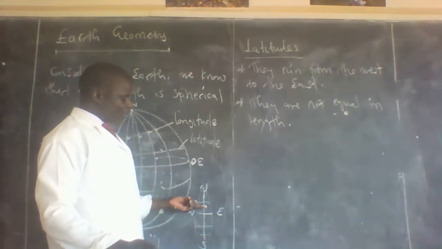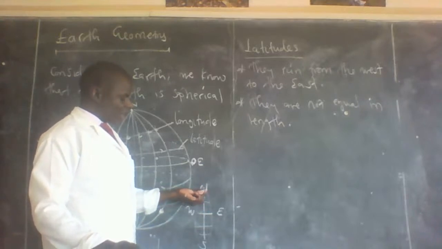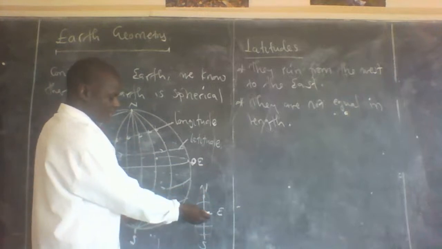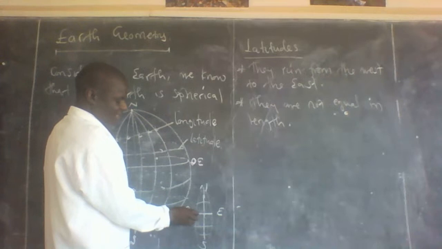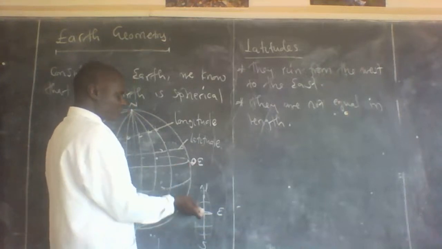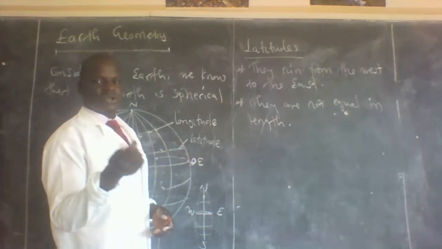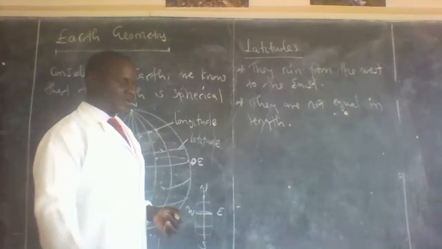From the equator going up, these latitudes are going to be denoted by the north. The equator demarcates the Earth into two parts. We have this part on top. Those latitudes found on top, we call northings, or we can say they are found in the north.